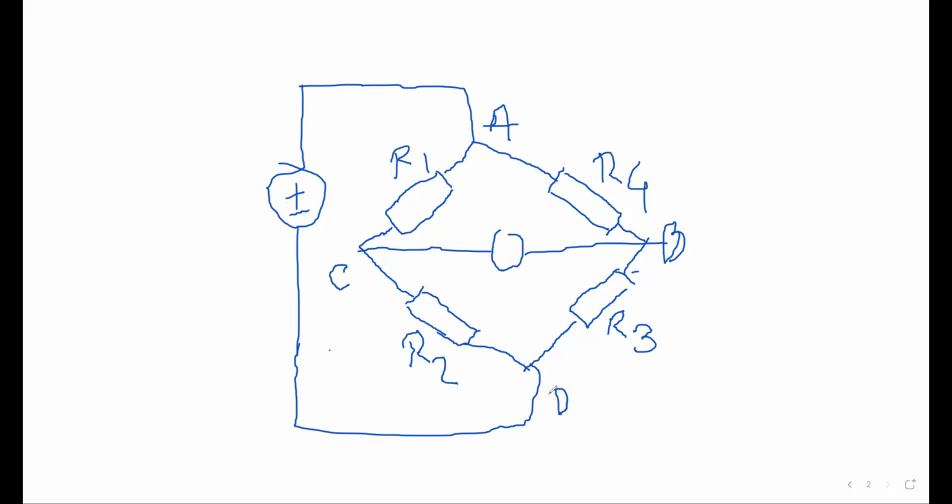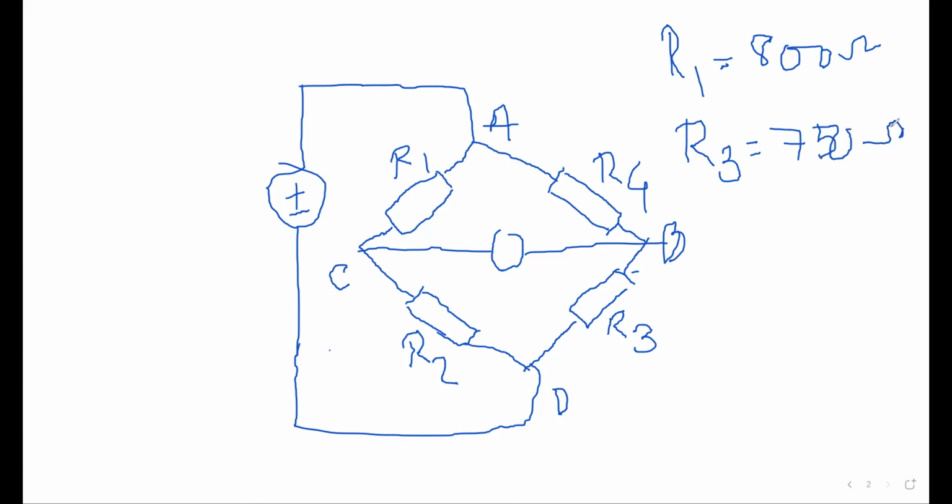Now, suppose in your question it is provided that R1 is 800 ohm. And suppose I'm giving you R3, that is 750 ohm. And another value I will give you, that is R2.